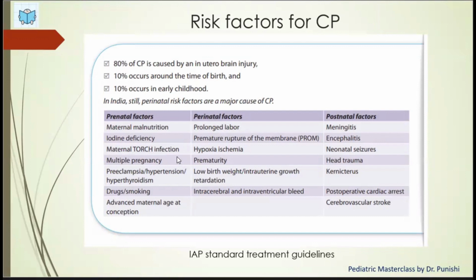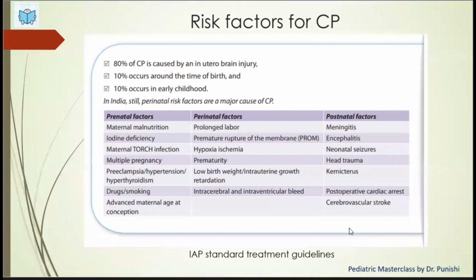So what are the prenatal, perinatal and postnatal risk factors? Prenatal: maternal malnutrition, TORCH infections, multiple pregnancies, PIH, hypertension, hypothyroidism, substance abuse, drugs, etc. Perinatal: prolonged labor, premature rupture of membranes, hypoxia, prematurity, low birth weight, etc. Postnatal would be meningitis, encephalitis, seizures, hypoglycemia, trauma, colitis, etc. These are the risk factors for cerebral palsy, which have been noted down in the IAP Standard Treatment Guidelines 2022.